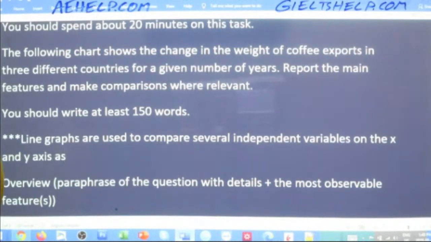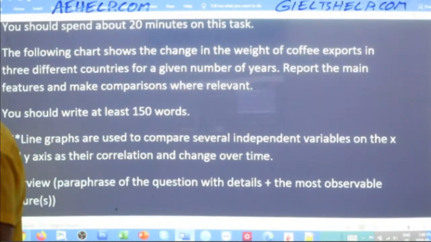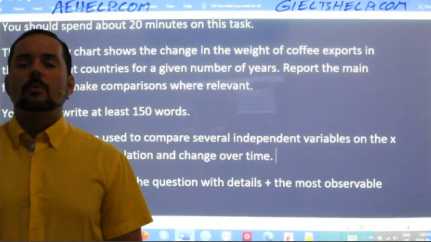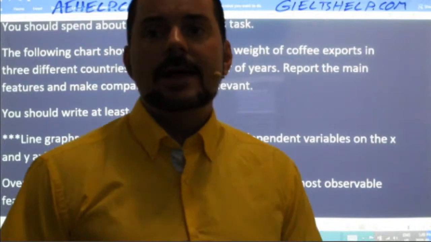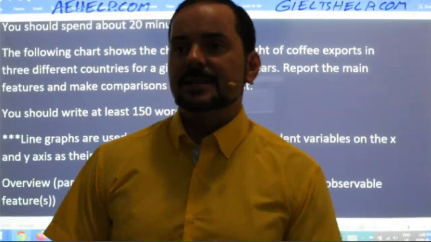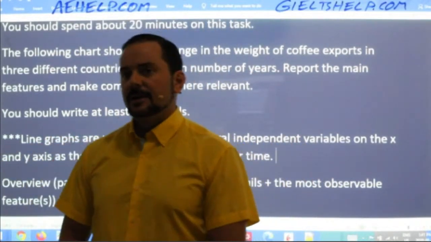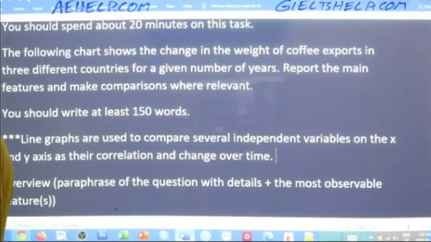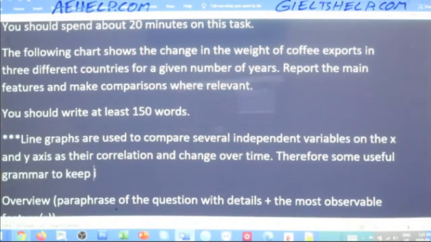As their correlation and change over time. Okay. Therefore, what kind of grammar are we going to use? So Beckchen says past simple, depending on time. Yeah, we can use some past simple. So therefore, some useful grammar to keep in mind.